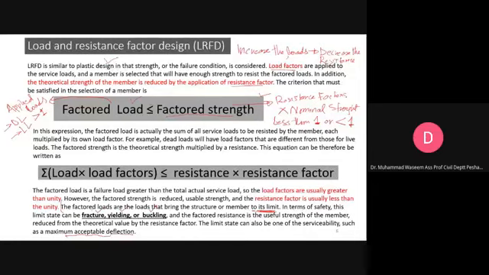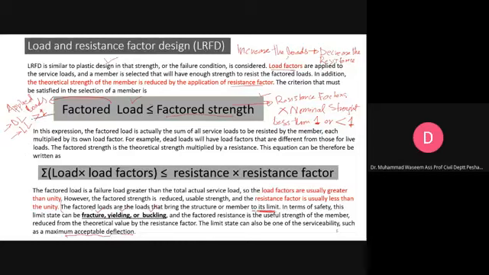Now these load factors are most of the time greater than unity. Like you will see the load factor as 1.4, 1.2, 1.6, but in the factored strength portion, the resistance factors are always less than 1, like 0.8, 0.7, 0.9. And this is further elaborated here.